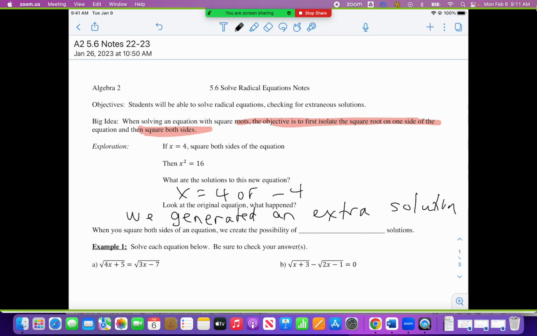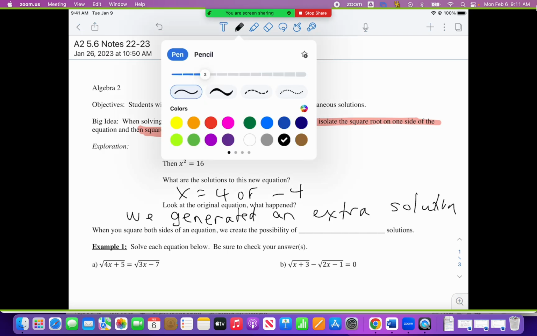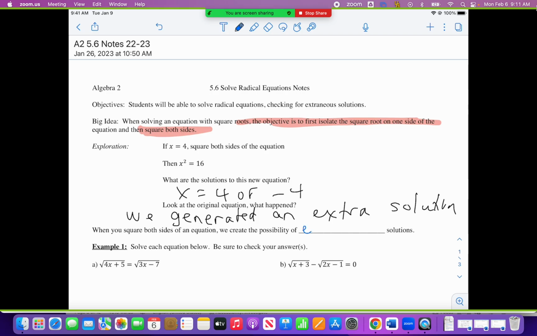So when you square both sides of an equation, we have to be careful. We have to be more careful than a regular equation. When you square both sides of an equation, we create the possibility of what's called an extraneous solution, or extraneous solutions, plural.